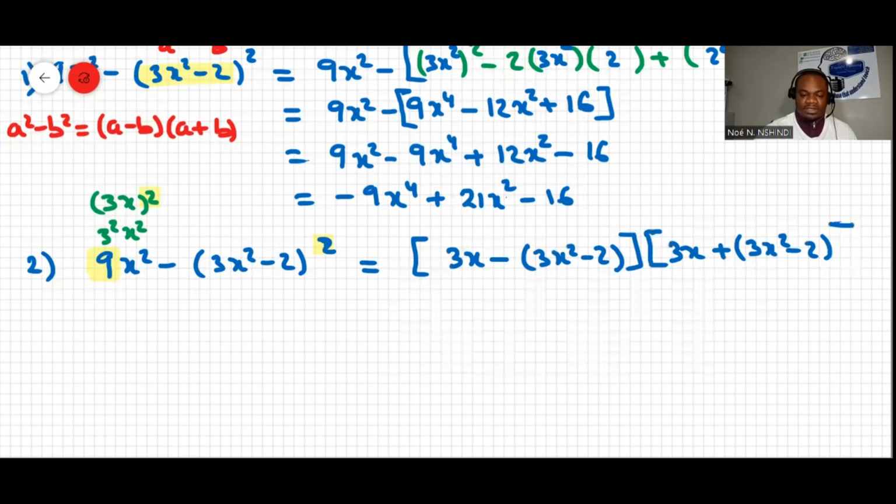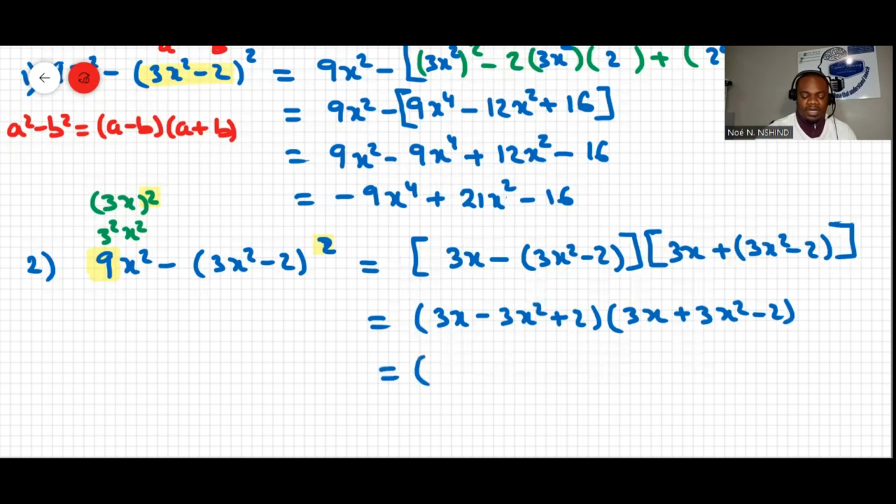Okay, like this. Now if I drop the square bracket, it's going to be 3x minus 3x squared plus 2, open bracket, 3x plus 3x squared minus 2. We can just rearrange. It's going to be negative 3x squared plus 3x plus 2, and then 3x squared plus 3x minus 2.